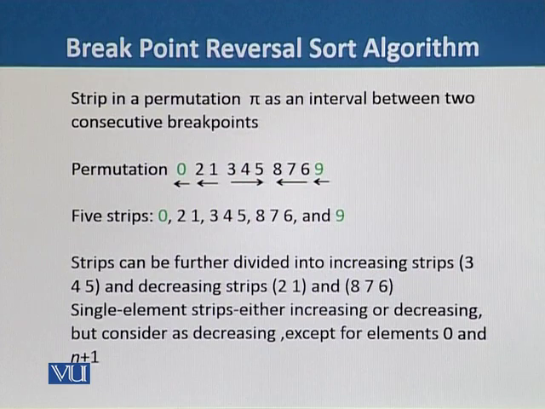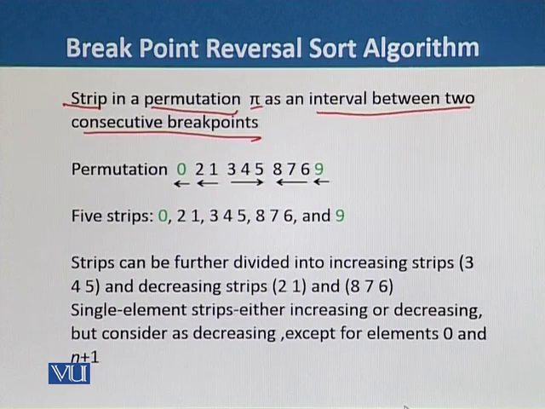We can define a strip in a permutation π as an interval between 2 consecutive breakpoints. We have already seen in the previous slide how to identify the breakpoints. In this permutation, the numbers are 0, 2, 1, 3, 4, 5, 8, 7, 6, 9. We have added 0 as π0 and 9 as πn+1.